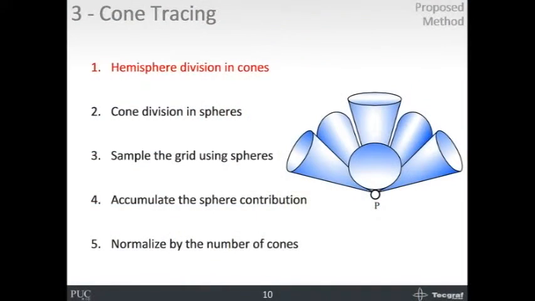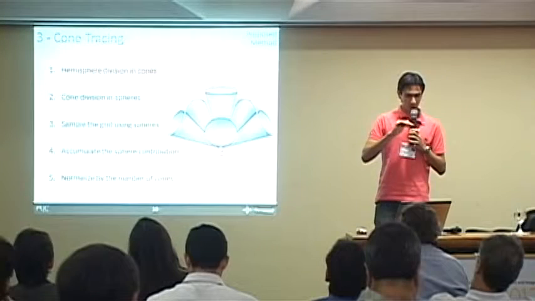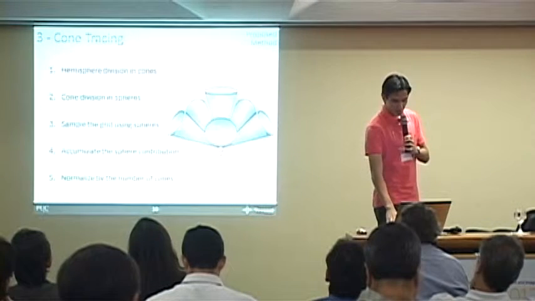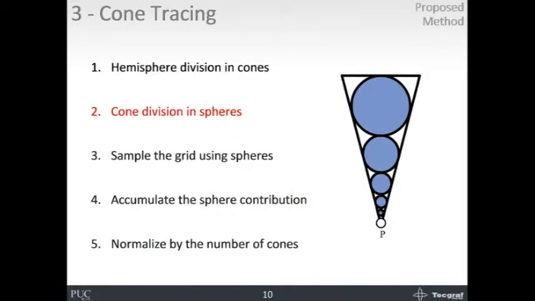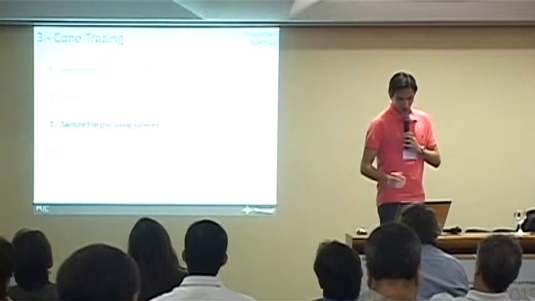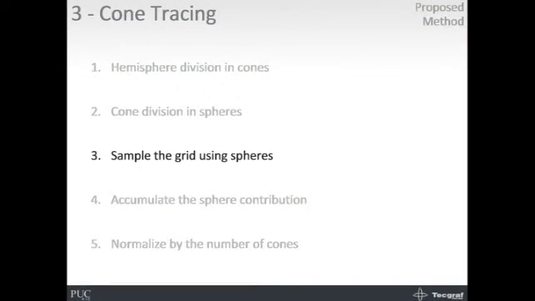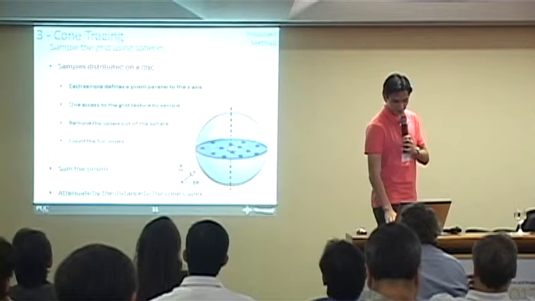Our method of cone tracing, just like the method proposed by Crassin, divides the hemisphere of the point into several cones, and each cone is divided into spheres with increasing radii. Then we use each sphere to sample the regular grid.